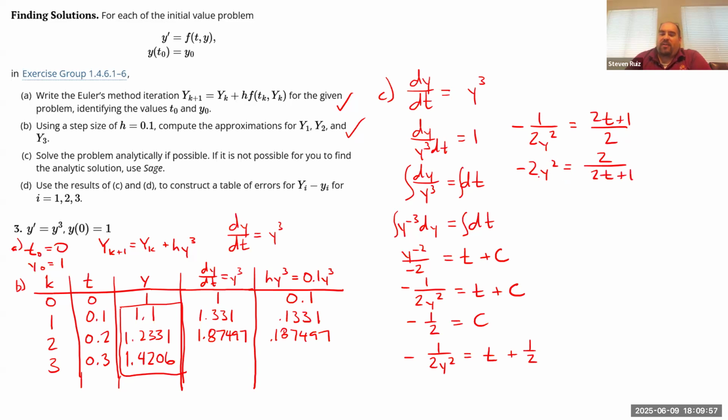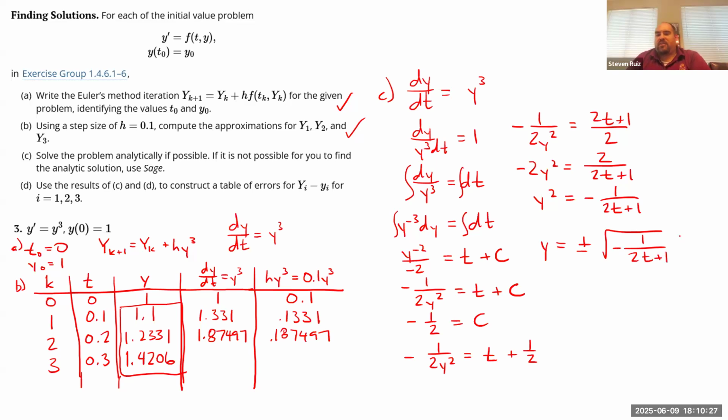I'm going to divide both sides by negative 2. That gives me y squared equals negative 1 over 2t plus 1. So finally, y equals, for now, I'll say plus or minus the square root of negative 1 over 2t plus 1.